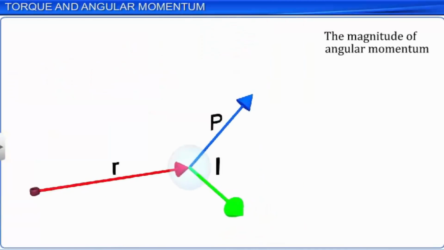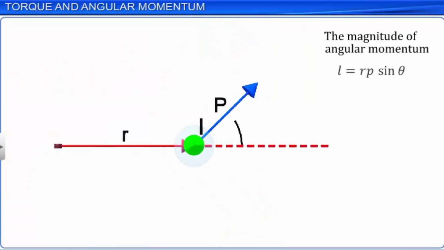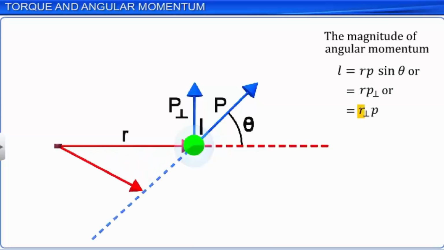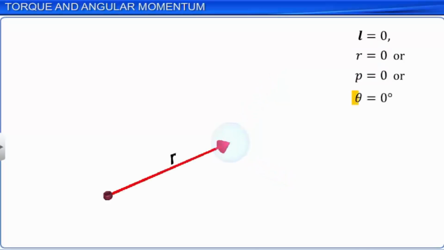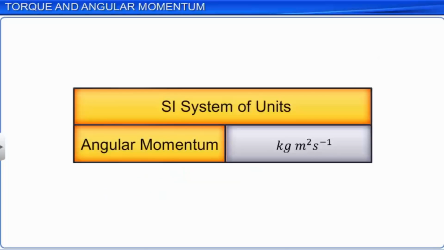The magnitude of angular momentum of the particle, L, is equal to rp sine theta, which can also be written as rp perpendicular or r perpendicular p. L is 0 when r is equal to 0, or when p is equal to 0, or when theta is equal to 0. The SI unit of angular momentum is kilogram meter squared per second.